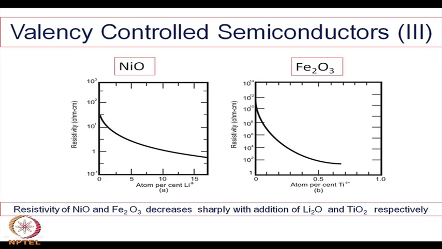In case of NiO, it is the lithium concentration. In case of Fe2O3, it is TiO2 concentration, which decreases the resistivity quite significantly. I also mentioned that these are independent of PO2 and also of temperature.